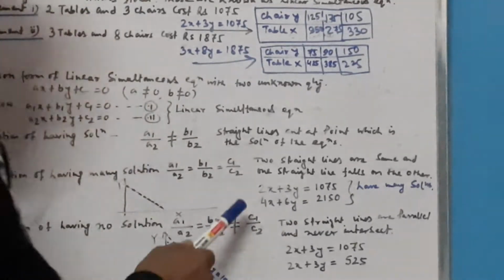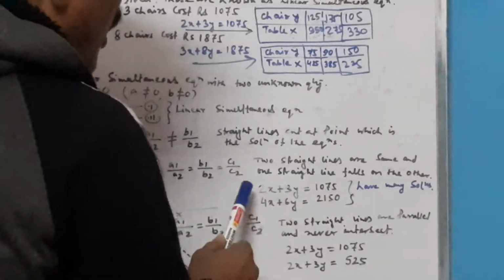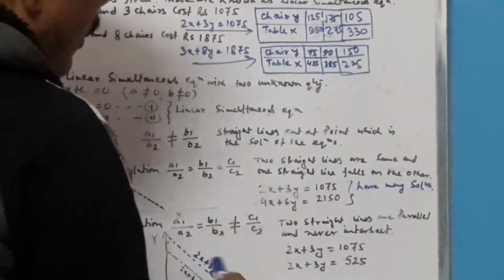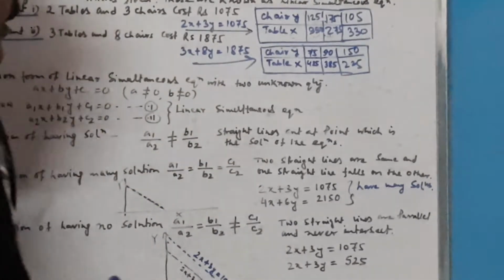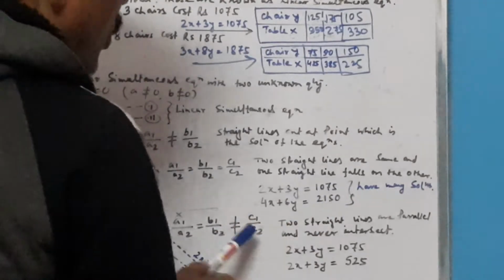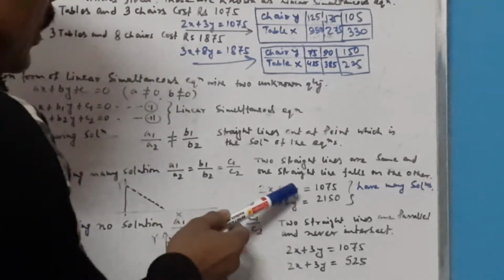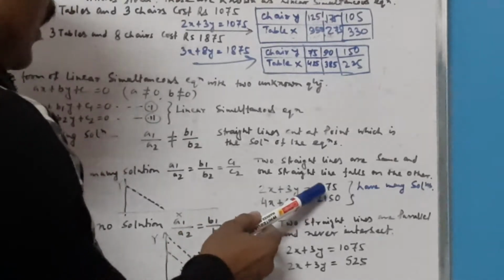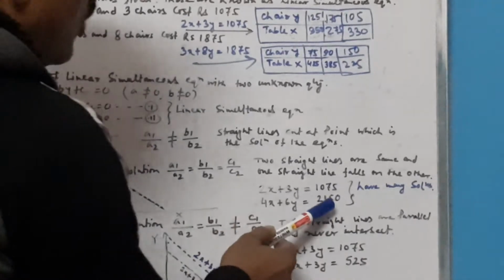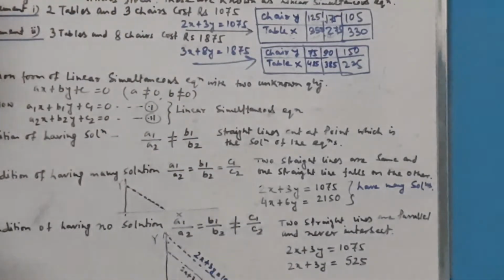That means these are basically one straight line. One straight line will fall on the other straight line. Here a1 by a2 is 2 by 4, which is half, b1 by b2 is 3 by 6, again half, and c1 by c2, 1075 by 2150, is again half. That means these will have many solutions.